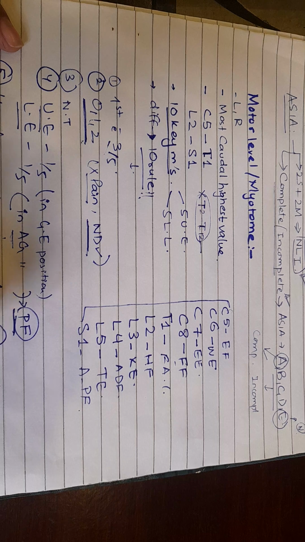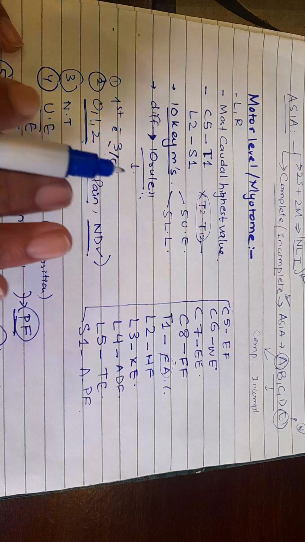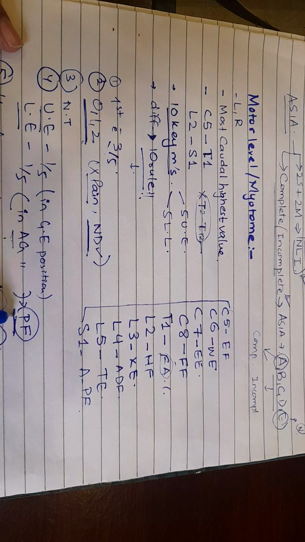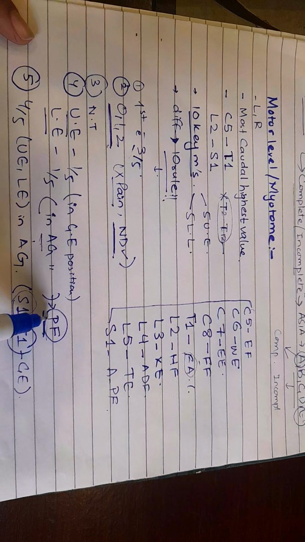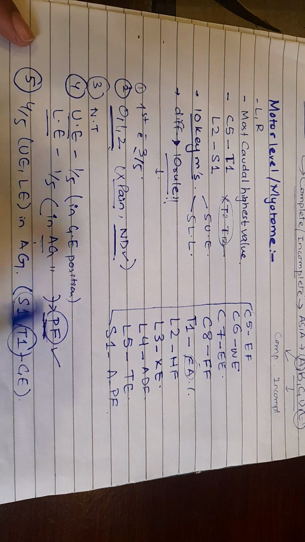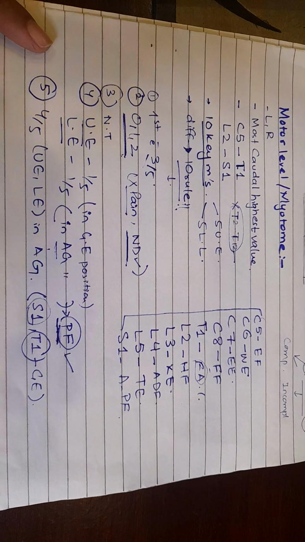So basically the T1 is for the finger abductor, so this movement, right? And the S1 was for the plantar flexor or the plantar flexion. So as we already discussed, this cannot be performed in the anti-gravity position in the supine position.